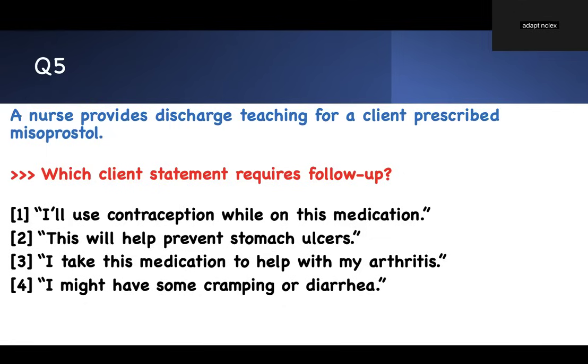Therefore, which one? I will use contraception while on this medication. This will help prevent stomach ulcers. I take this medication to help with my arthritis. I might have some cramping or diarrhea. Think about it. It's misoprostol. It's a stimulant also. It can activate your GI tract so you can have cramping and diarrhea, right?